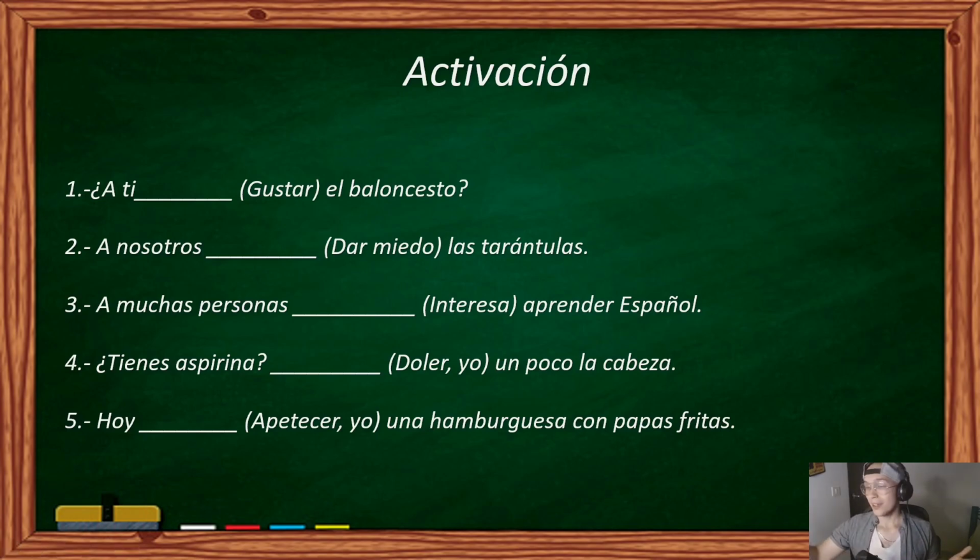So, based on what we learned, we can say, ¿a ti te gusta el baloncesto? A nosotros, well, if you have the answers for this, just put in the comments down below, okay?